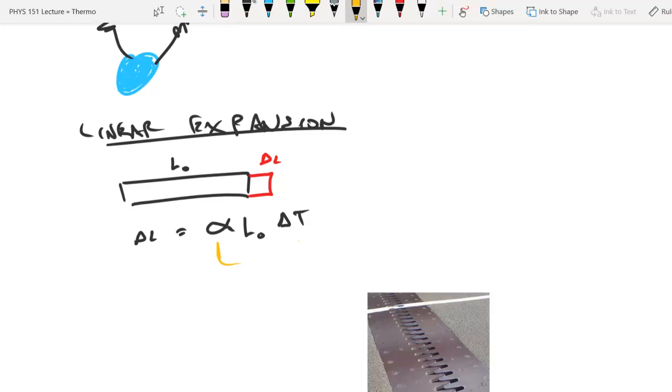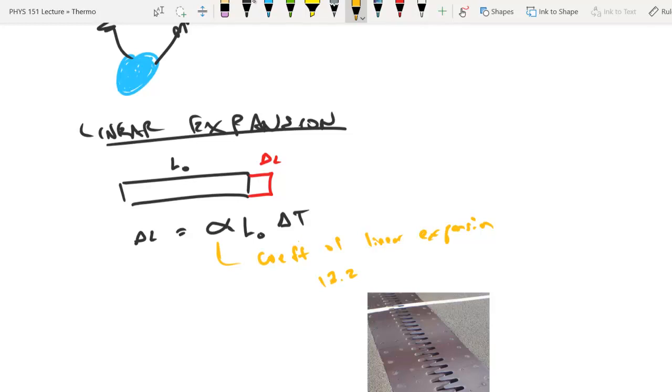And then alpha, this is the coefficient of linear expansion. So this has to be determined experimentally. And this is in your book in table 13.2, that table.